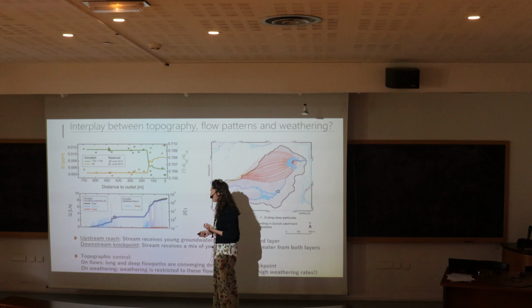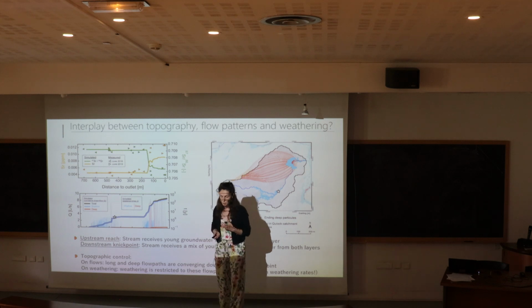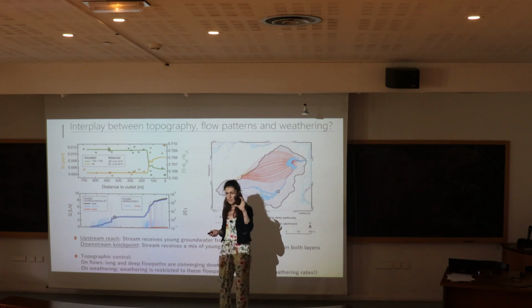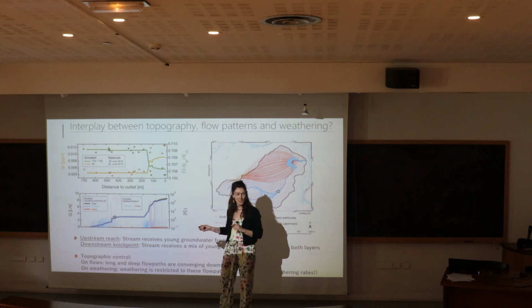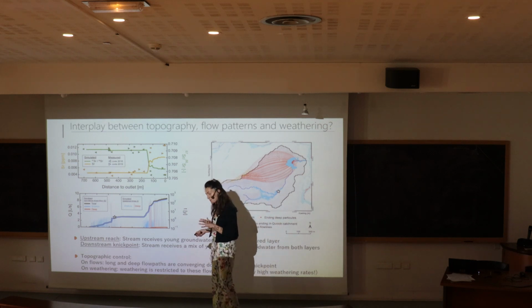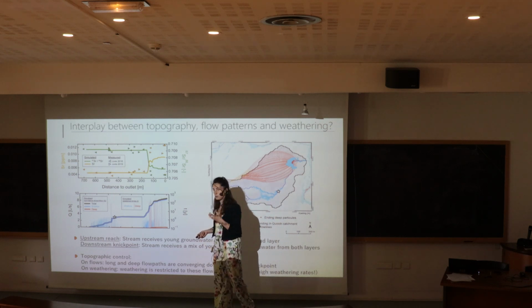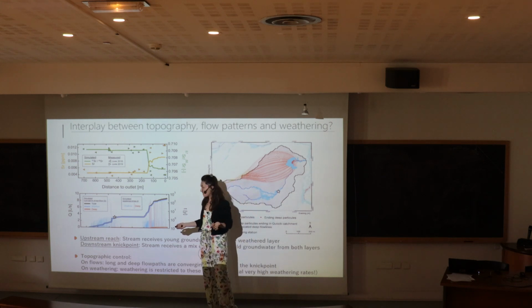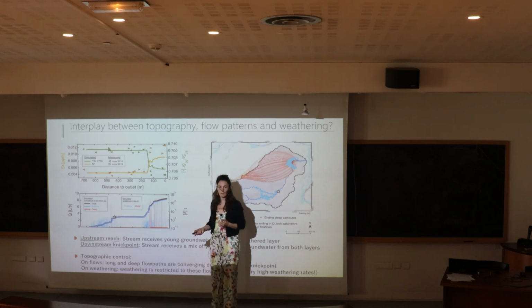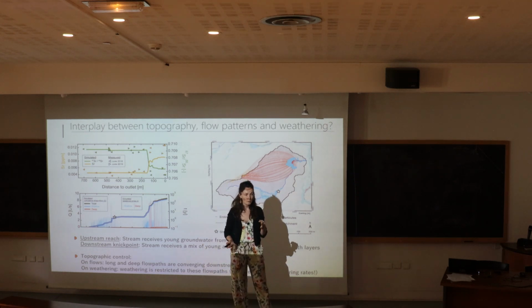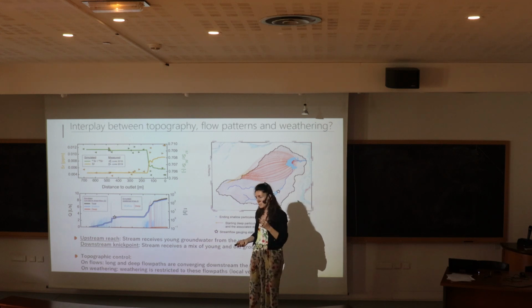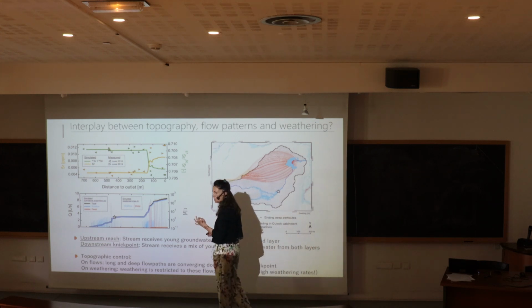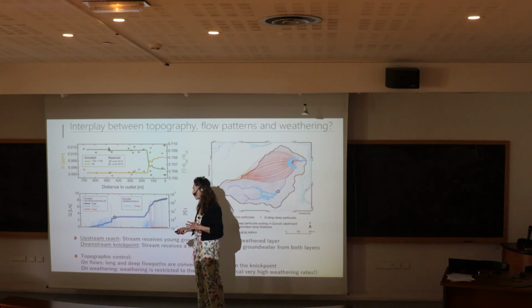Another thing is that we differentiate between the flow lines that stay in the upper layer, which are here in blue, and the flow lines that have entered the bottom layer, which are here in red. What we see is that in the upper part of the catchment there are only blue bars, meaning that all the water in the river has flowed only in the upper layer of the catchment.